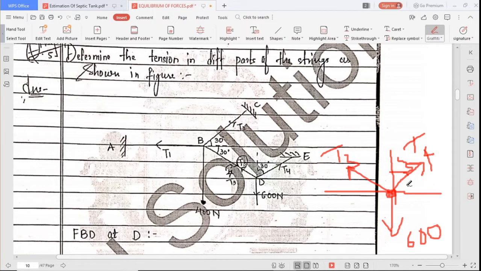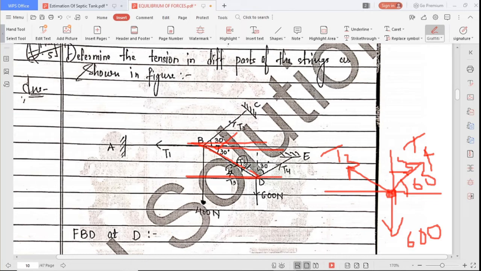If this is 30 degree, what about this? 90 minus 30, the remaining is 60. Now what about this? If we have two parallel lines, we take a parallel line at D and a parallel line at B. So this is 30 degree.